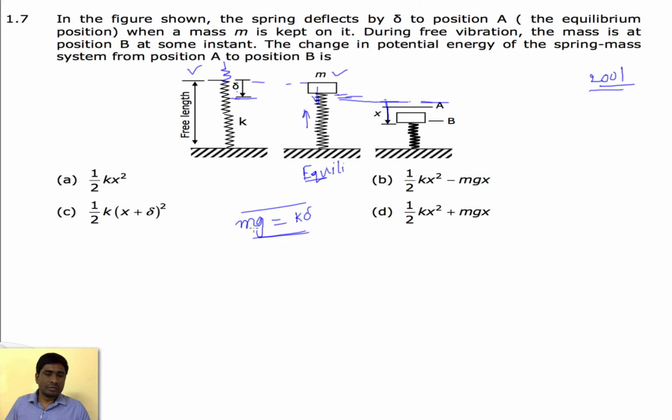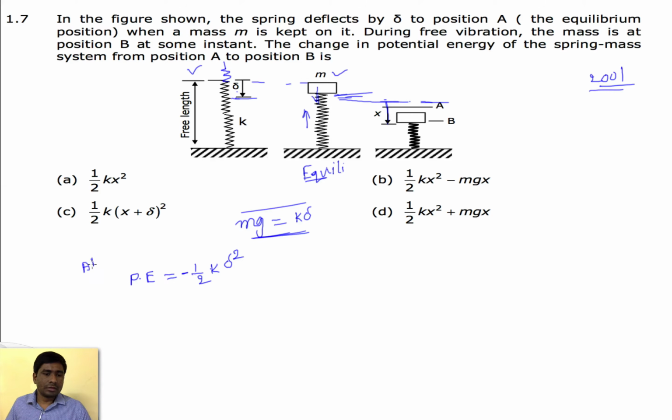This is from the equilibrium, and this is a position A. At position A, we know the potential energy of the spring equals half into k into delta square, and here I will add a minus because we adopt some sign convention, like whenever the spring is stretched, then we take it as positive, and whenever the spring is compressed we take it as negative while considering the potential energy.